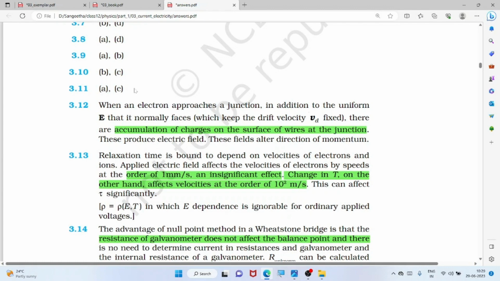When the electron approaches a junction, in addition to the uniform electric field that normally keeps the drift velocity fixed, there are accumulated charges on the surface of the wire at the junction. These produce electric fields. These fields alter the direction of the momentum.